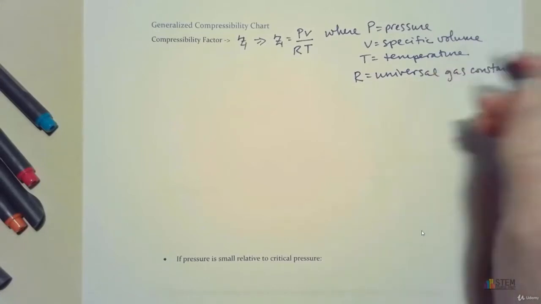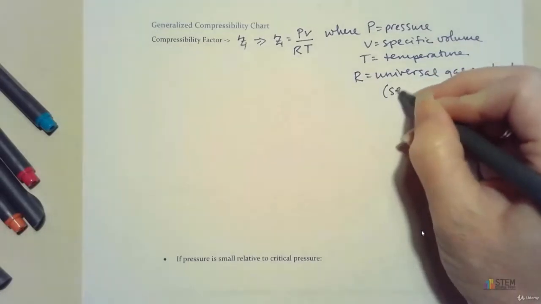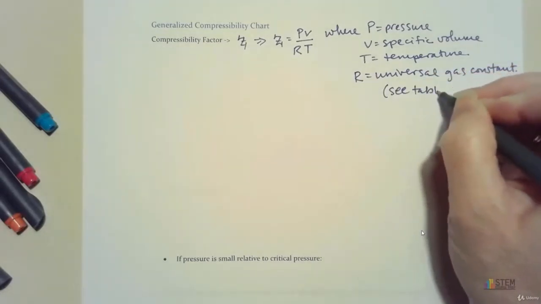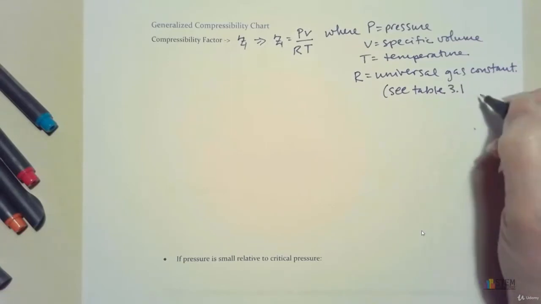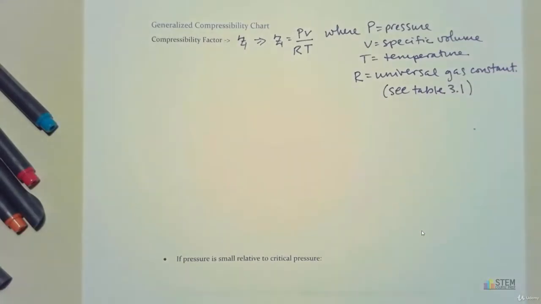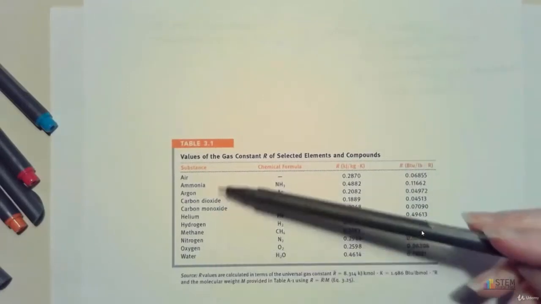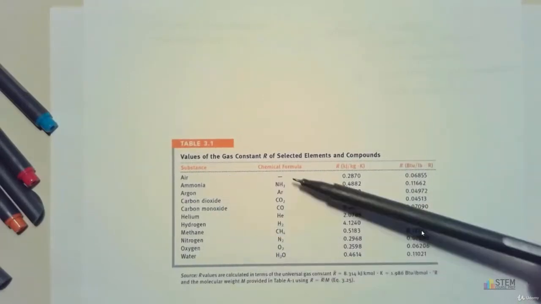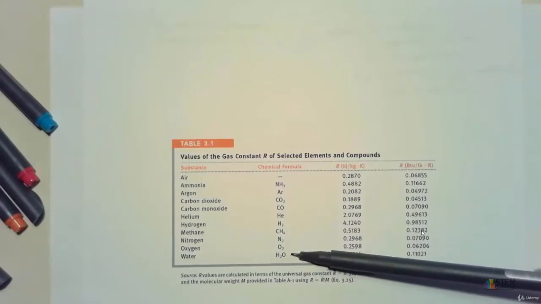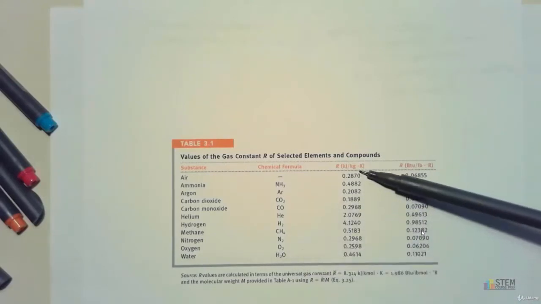Now for this, if you have the Moran book, you can see table 3.1, or at least it's table 3.1 in the version of the book I have. If we look at that table, you will notice it has various substances listed, with the chemical formula in case you've forgotten what they are, and then it has your R values.